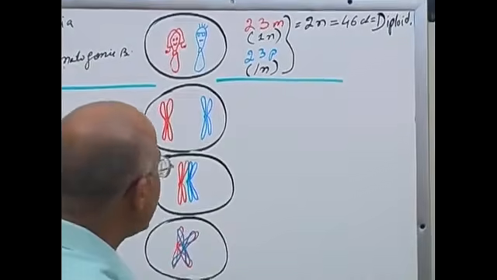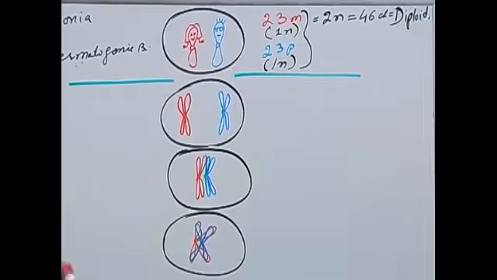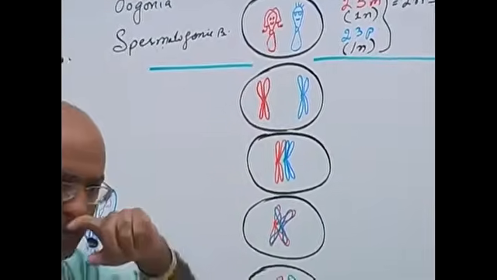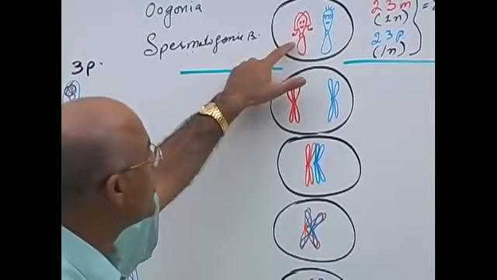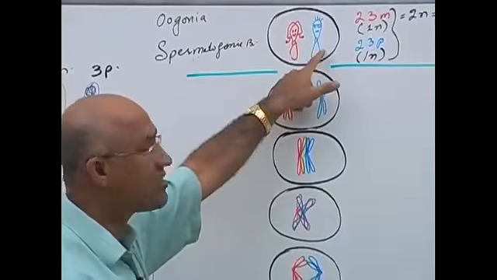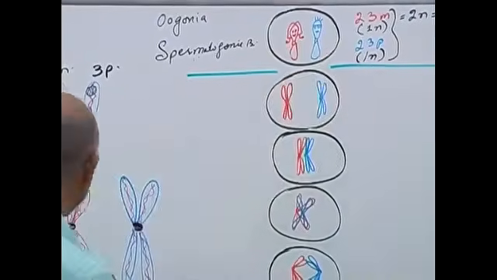Another thing, this was about the number of chromosomes. Let's talk about the genetic amount of DNA. Now, for the amount of DNA, is this single structured or double structured? Single structured chromosome. And this is also single structured. Now come back here.